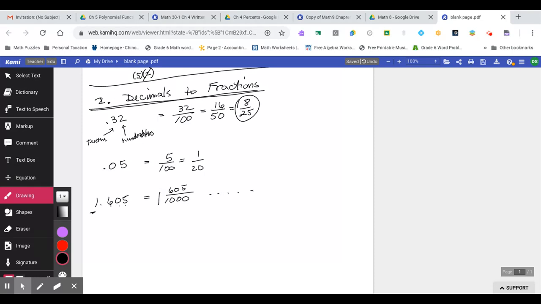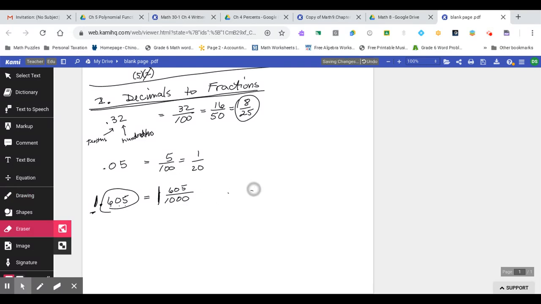Okay, so decimals to fractions is pretty good. If you do have a whole out front, you can leave the whole out front and just put this part over the fraction. Okay, now what about going to percents? How do we go from decimals to percent? I'll go back and let's go ahead and reduce that 605.